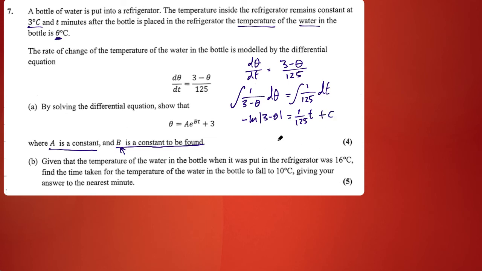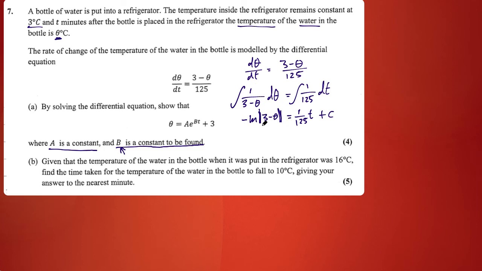Now the confusing thing here is, because this is a modulus, I'm just looking for the difference between 3 minus theta, and seeing as the water in the bottle is likely to be warmer than the fridge, so a higher value, if I put 3 minus, say, 10 in there, I would get minus 7, and then the modulus signs would turn this into a positive value.